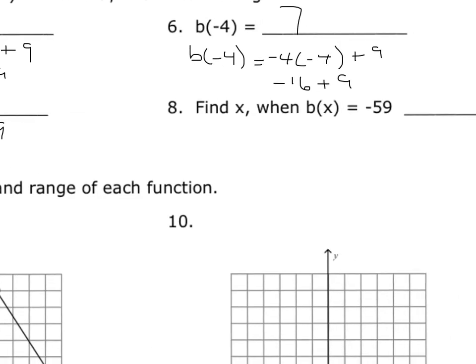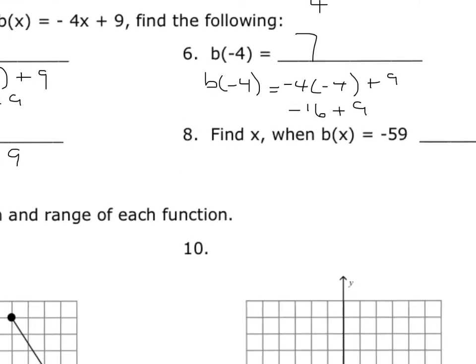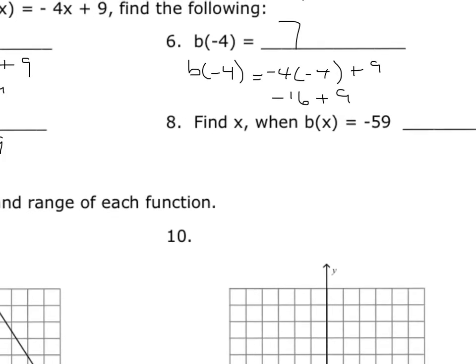Number 8, they're asking us to find x, right? This isn't Where's Waldo, so I'm not just going to point and say, well, that must be the answer for x, negative 59. No. We have to solve for x when b of x equals negative 59. So that's saying when y is equal to negative 59, what is the x value? So this problem is working backwards.